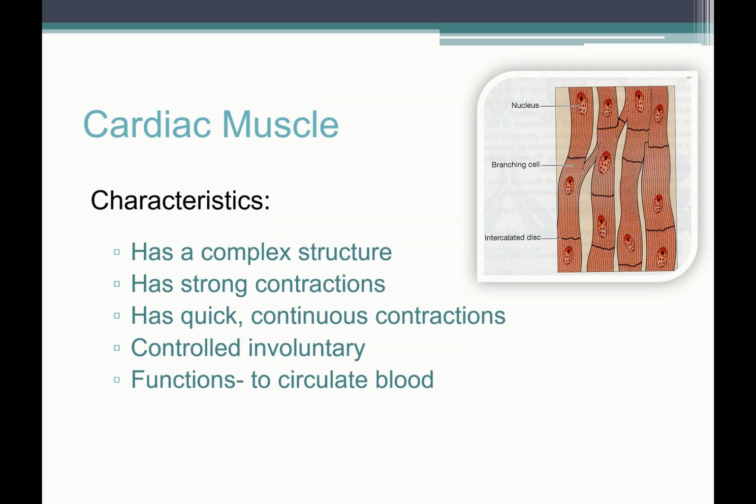So the first muscle that we're going to focus on is the cardiac muscle. Now, as the name suggests, the word cardiac means heart. So we're referring to the heart muscle here, and this is the example that you must give if you're asked about an example of the cardiac muscle. Cardiac muscle is very unique in that it has some very different characteristics when compared to skeletal and smooth muscle.